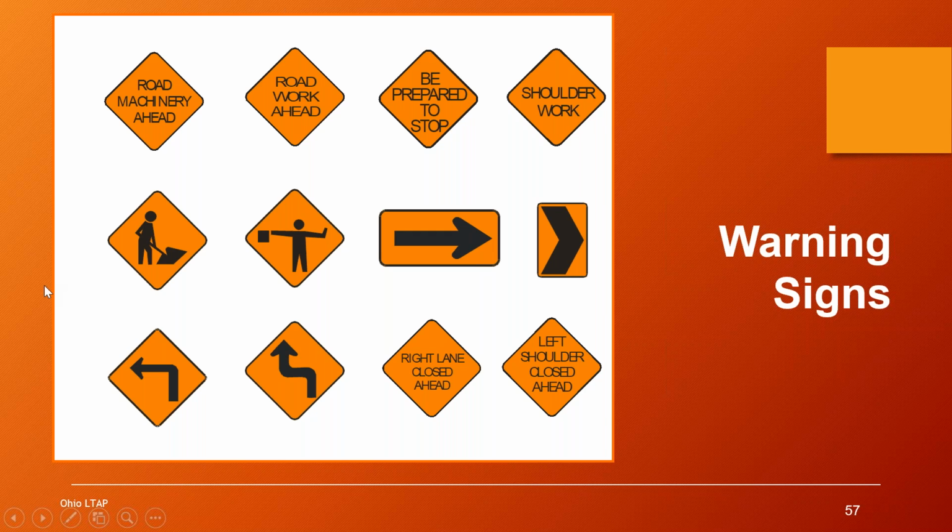There's other places you can put it. Maybe you're patching potholes on low volume, low speed residential streets. You don't need a whole bunch of signs on those streets. Maybe just this one, to let people know that you're patching potholes.